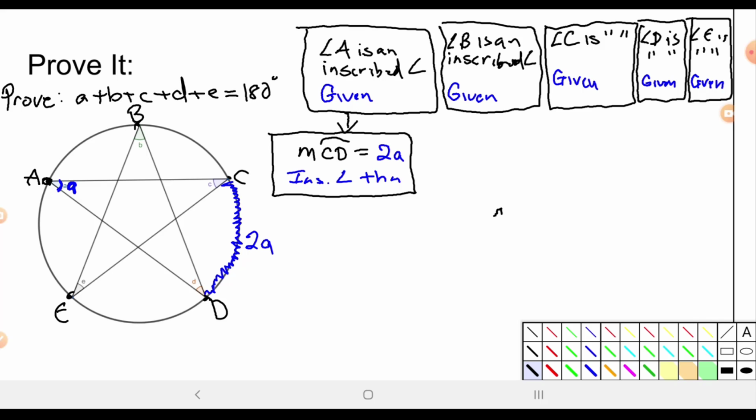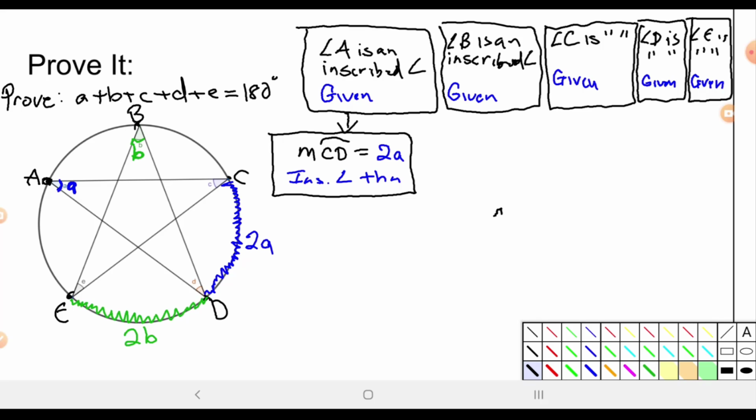So you'll see in the next part here, we are given this angle B. The measure of this angle is B. And if we double that, we will get this arc over here. So we know this arc is going to be 2 times B, which is 2B. So perfect.